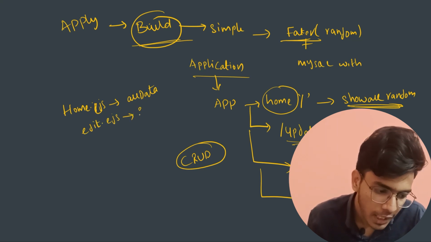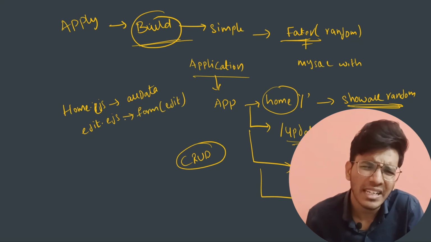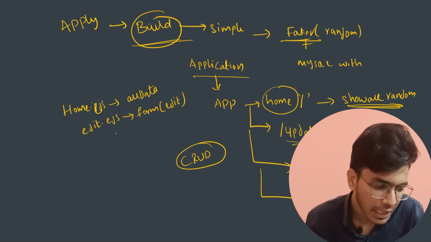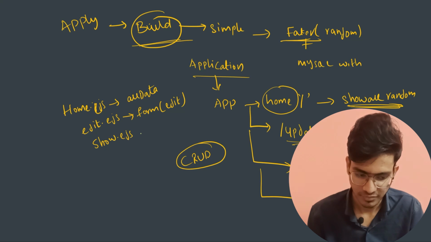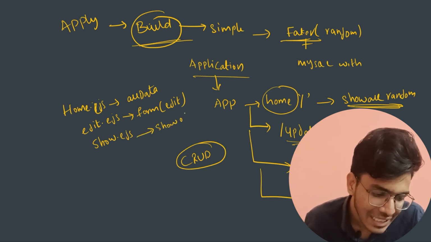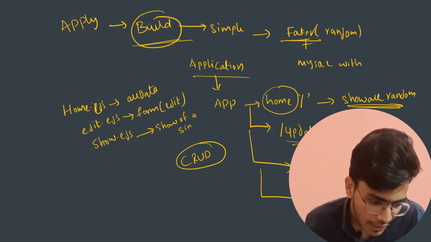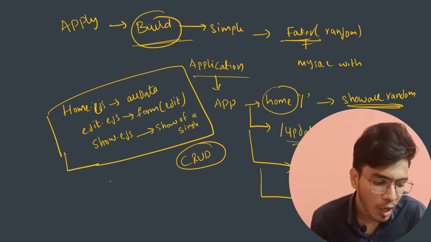This is a form page in which I edit my data. Now if I want to show a particular user's data, then I will create a page show.ejs, and this will show the data of a single user. So these are the 3 EJS pages we need.